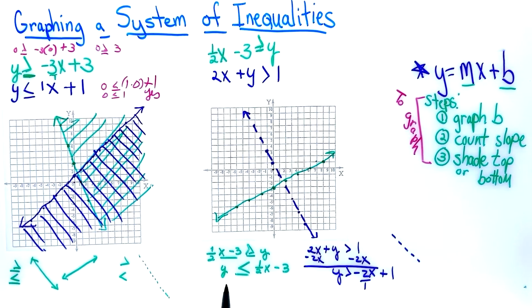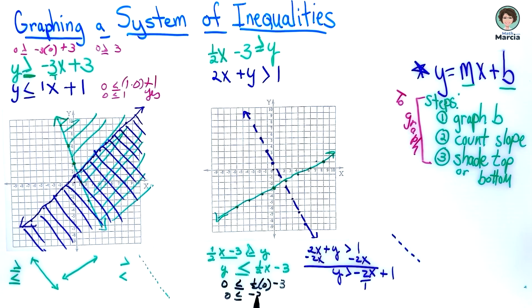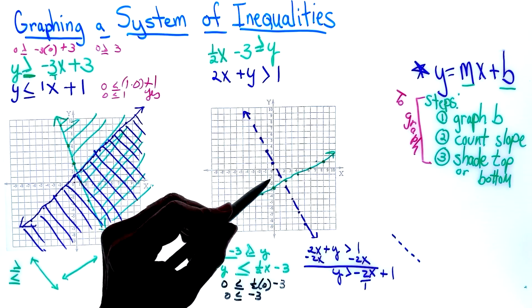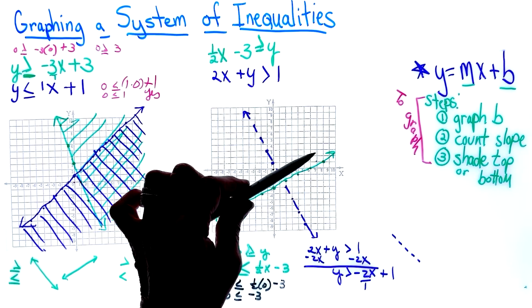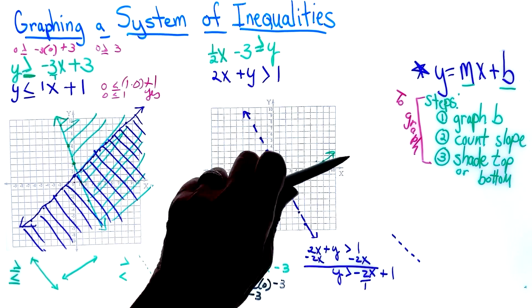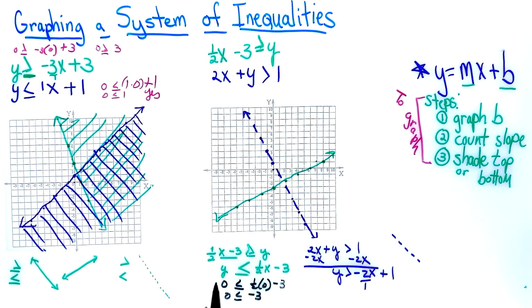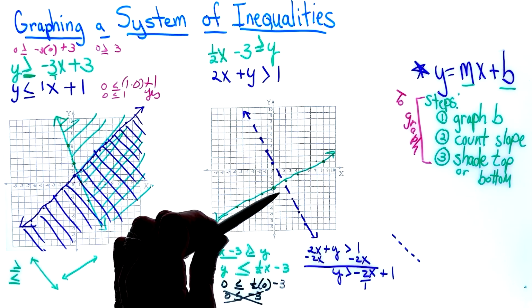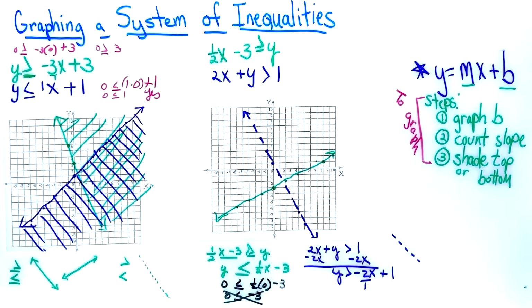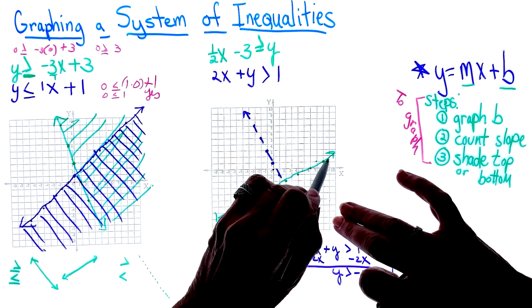So when I plug in 0: 0 is less than or equal to 1/2 times 0 minus 3. 0 is less than or equal to -3. Again, that's not true. So do we shade on the top where the 0 is? No, we got a false statement. So we know that we have to shade on the bottom of the green line. And here it is.